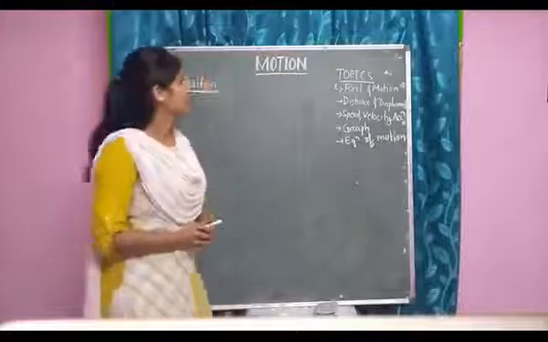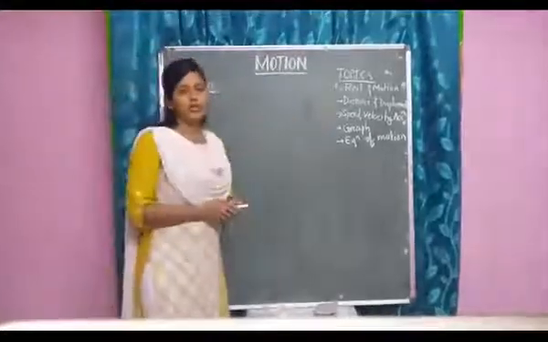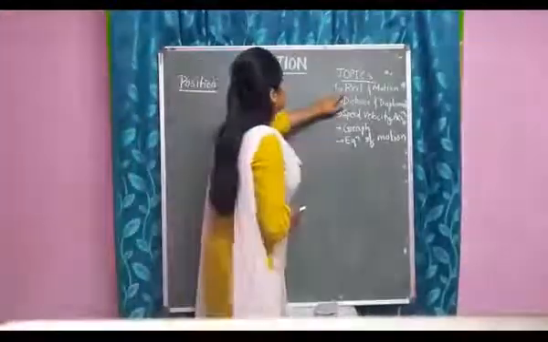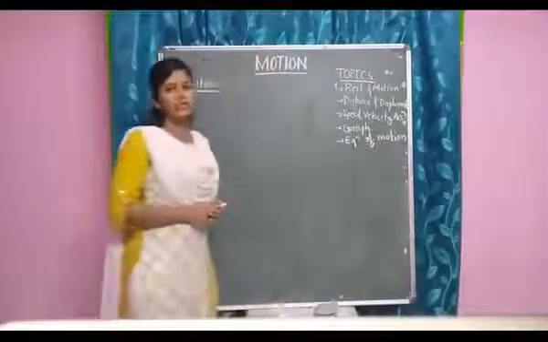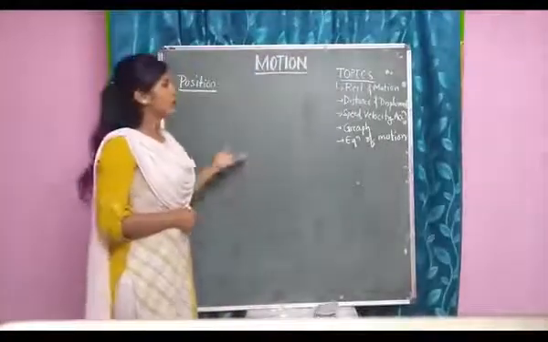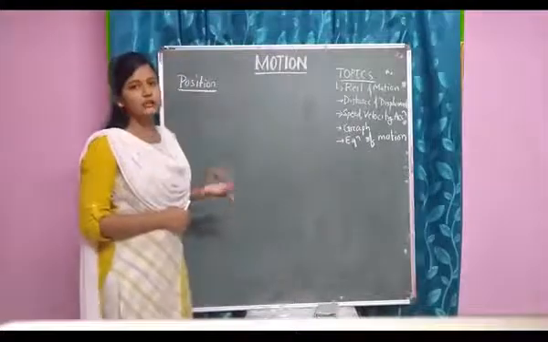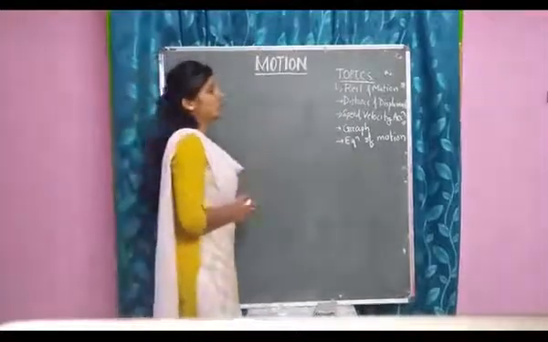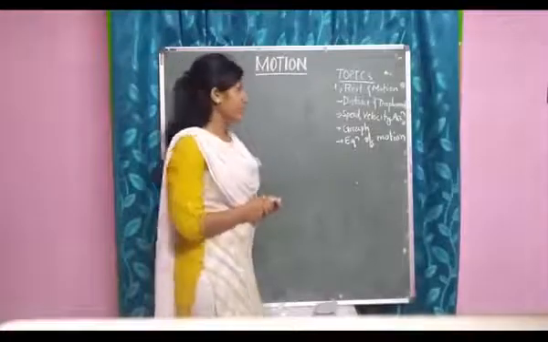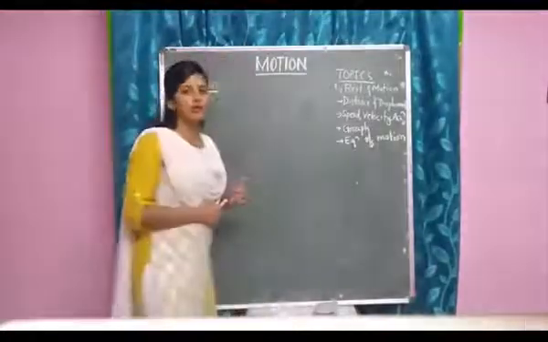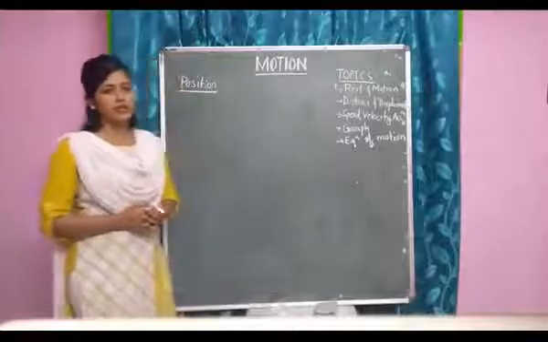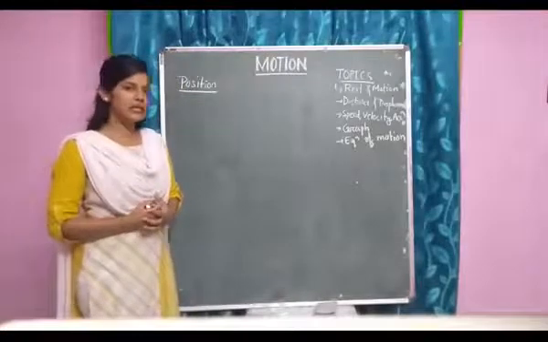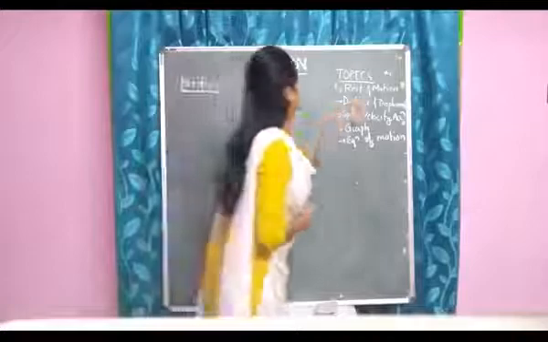As we know, the rest state of a body is defined like this: if the body's position does not change with respect to time, then we will say that the body is at rest. And if the position of the body changes with respect to time, then we will say that it is in motion.